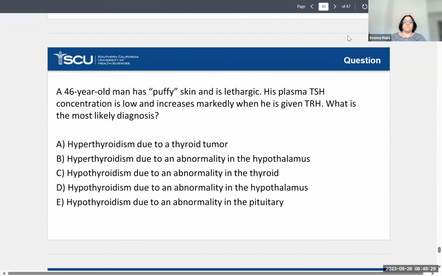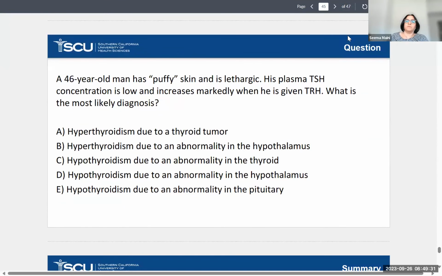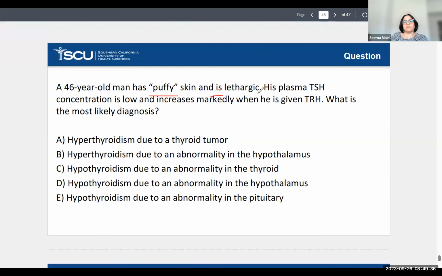Next question. A 46 years old man has puffy skin and is lethargic. His plasma TSH concentration is low. Okay. So puffy and lethargic means maybe this patient has low T3, T4 also, looks like hypothyroid.